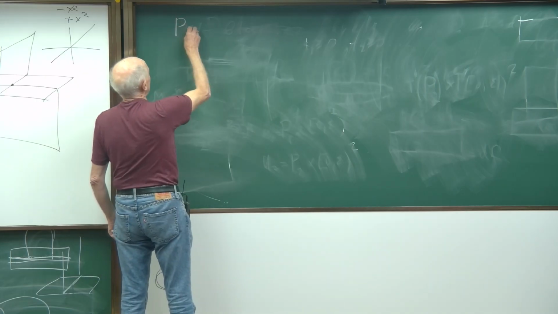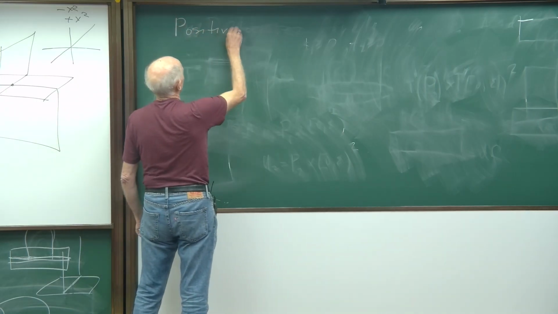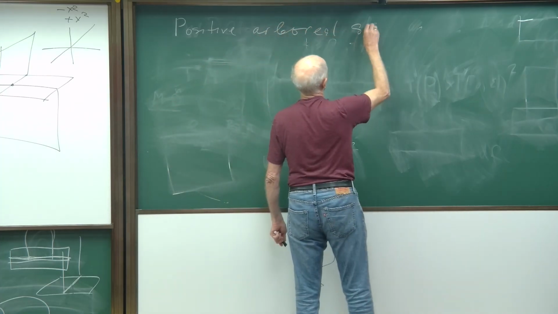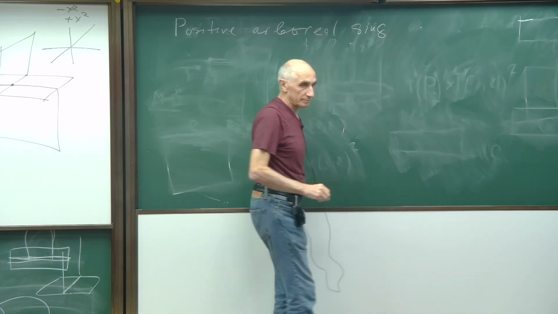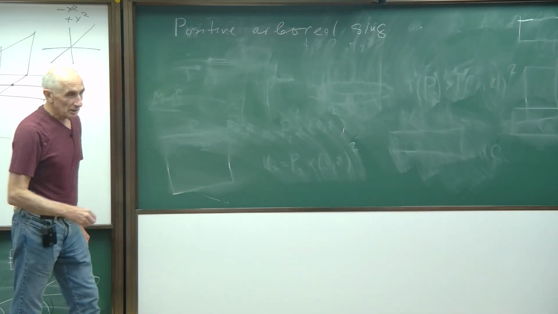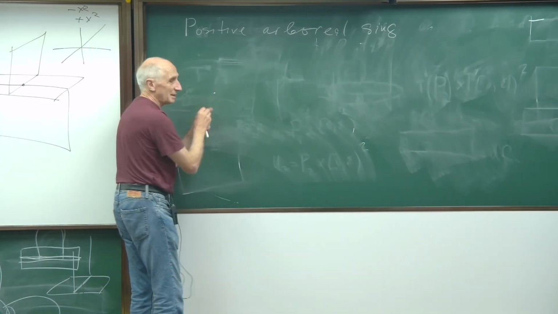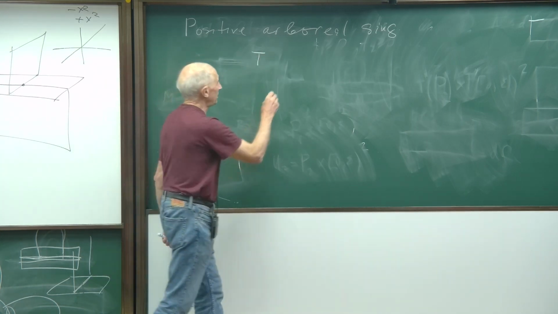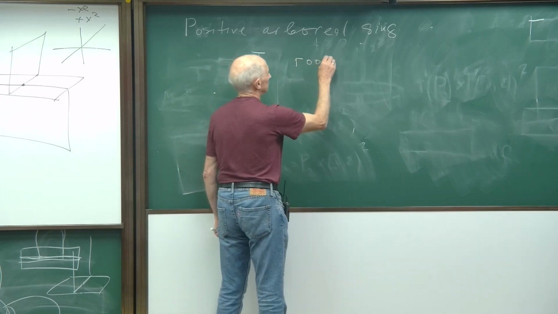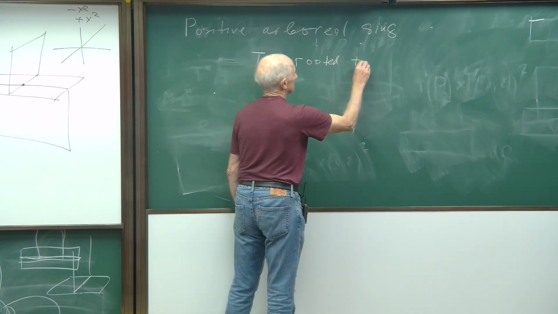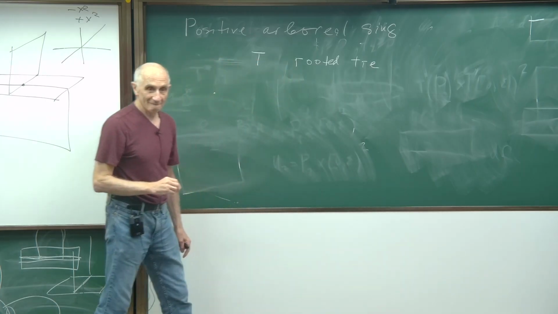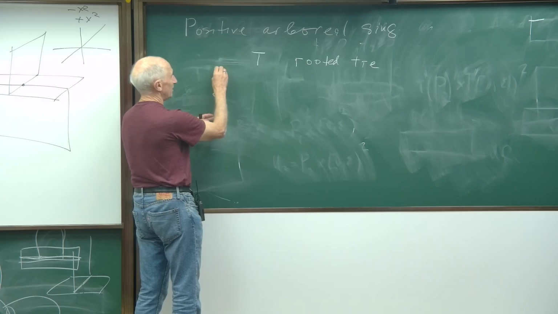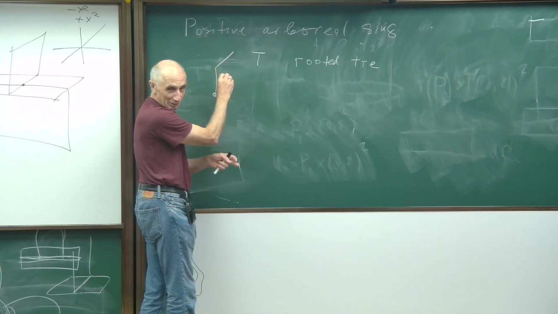So, definition: positive arboreal singularity. Let's consider T to be a rooted tree. So you have some root, and then you have some beautiful tree growing out of this root.